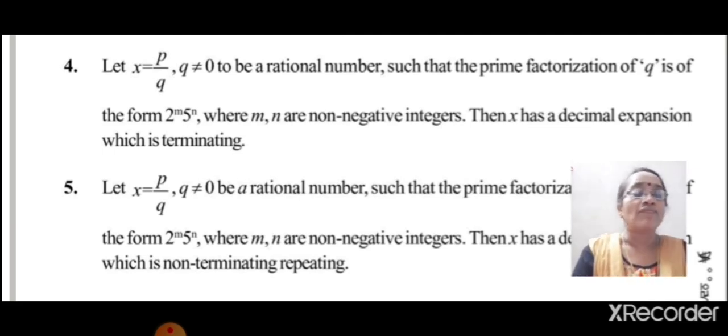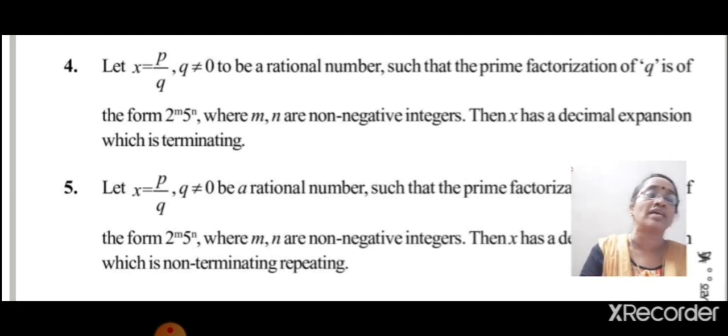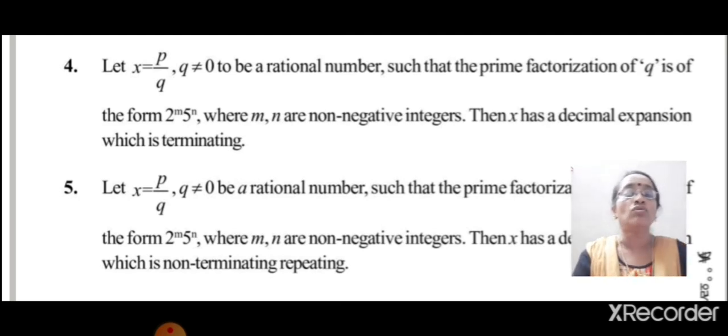That is, if x is a rational number of the form p by q, and the denominator q we are able to write in the form 2 raised to m, 5 raised to n, which means a product of 2 and 5 powers, where m and n are non-negative integers.